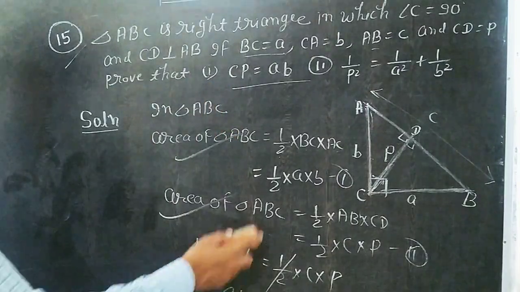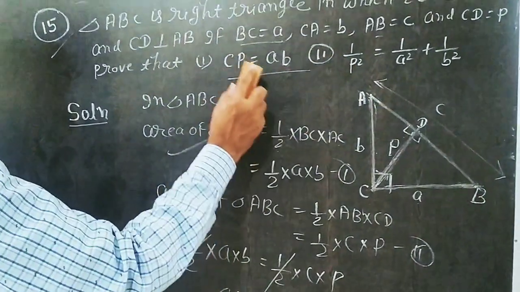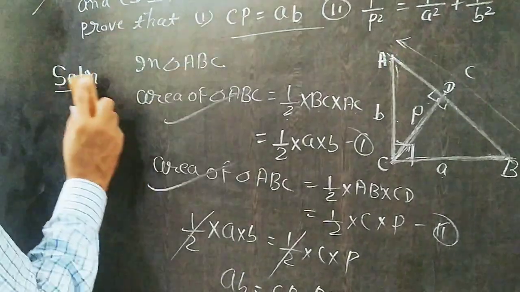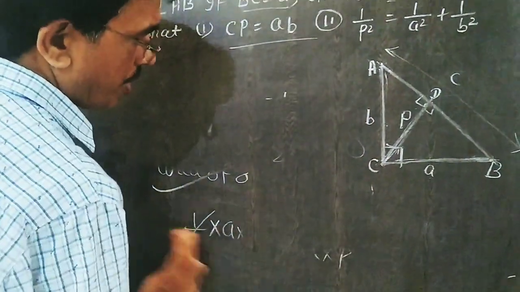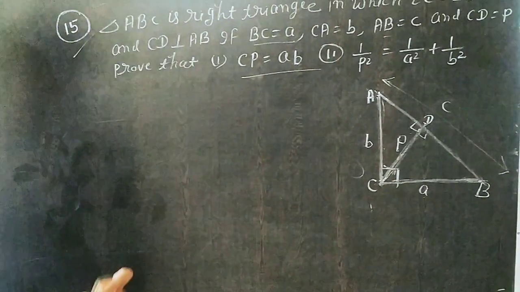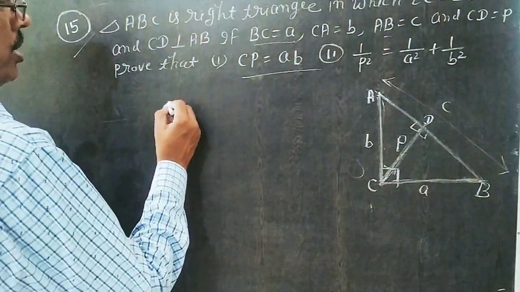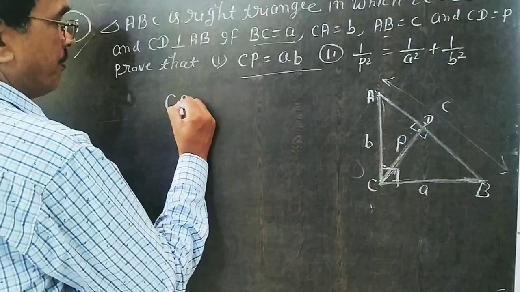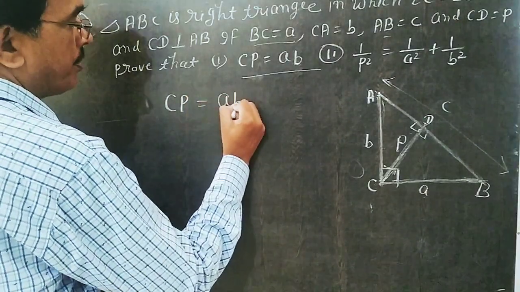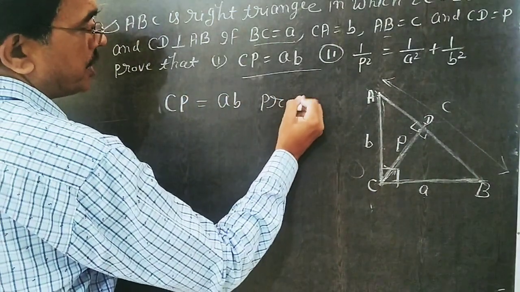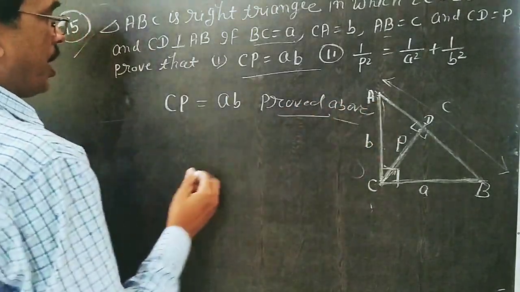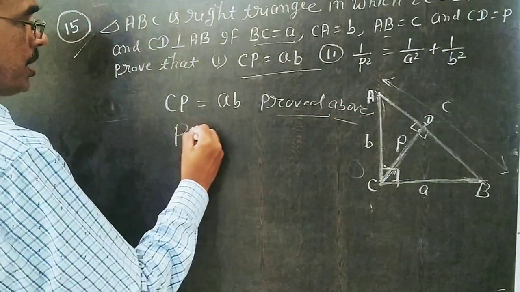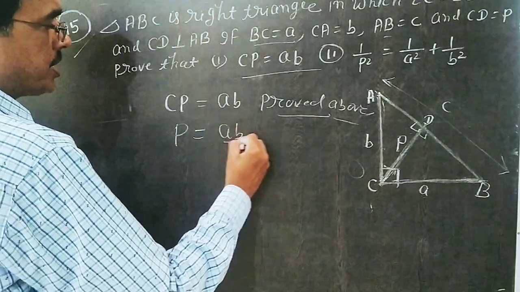Next, you need to prove the second part. First prove the first, then try to prove the second. Now the question is to prove 1 by p square. You write cp is equal to ab, proved above. Hence you can write p is equal to ab by c.